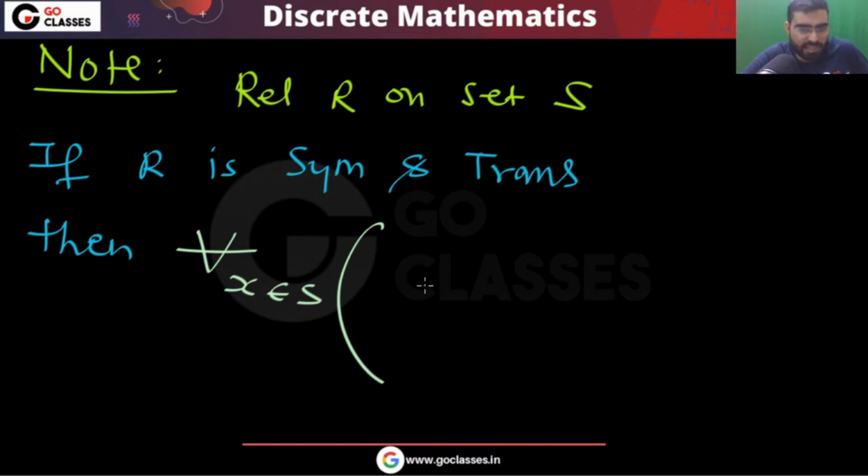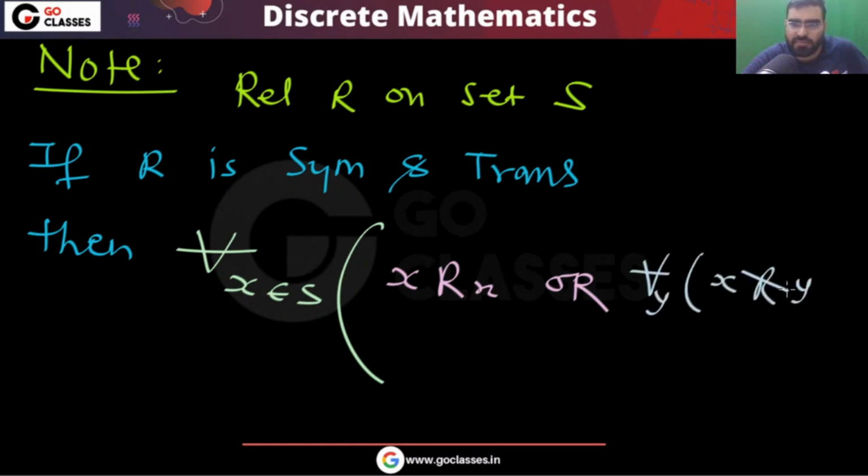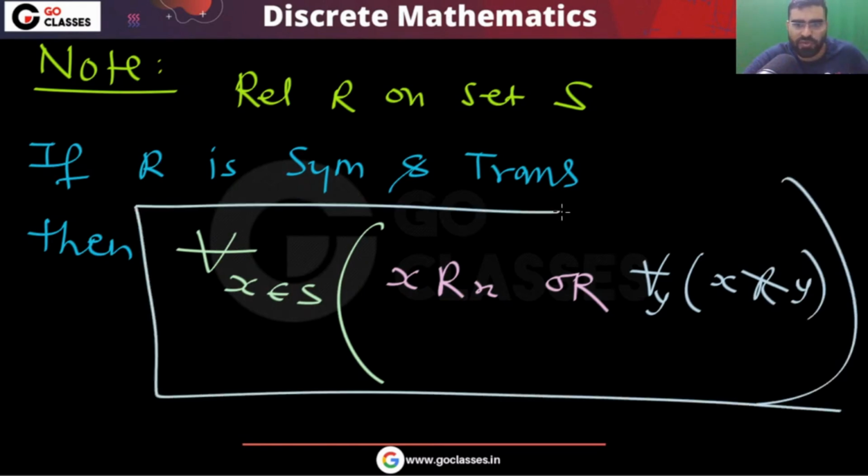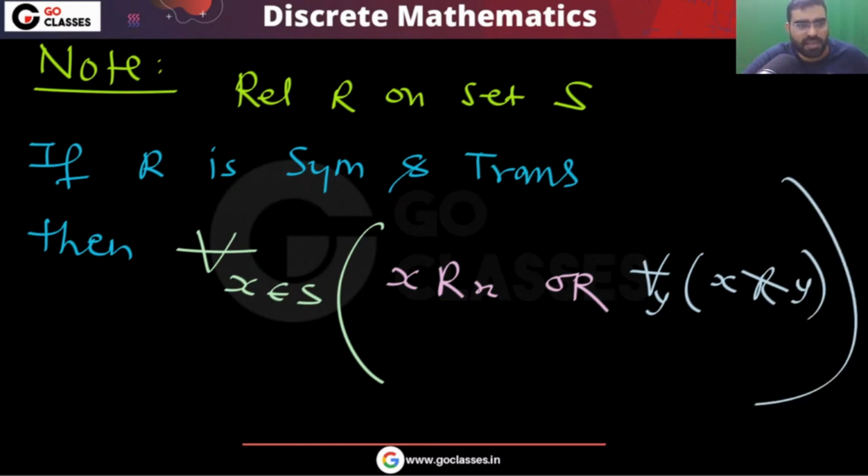Either X is not related to anyone, or X will be related to X, or this will happen, that for all Y, X is not related to Y. Did you understand this? Interesting, right? Once you write it in the format of first order logic, this becomes interesting. It becomes a good question for the GATE exam.